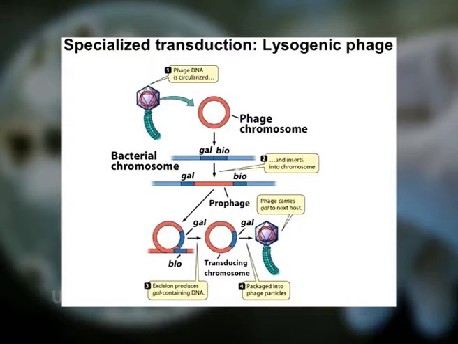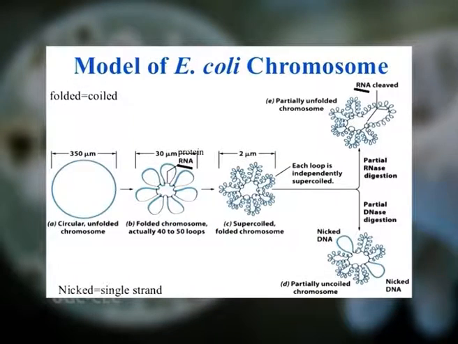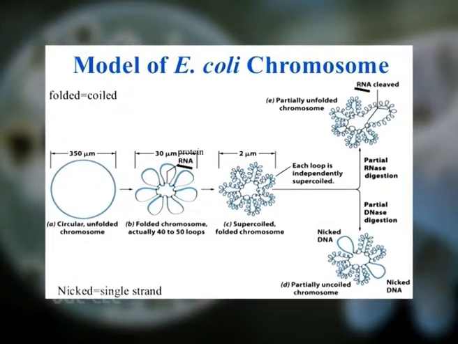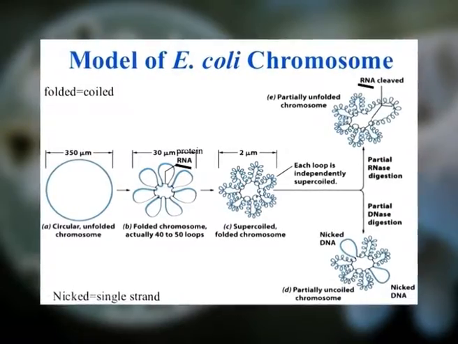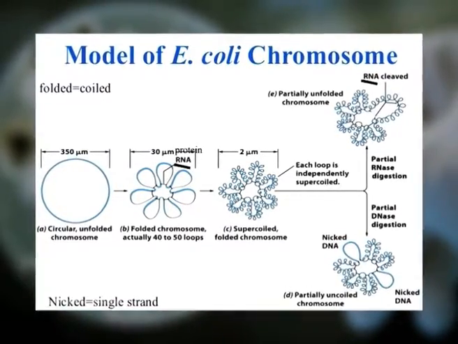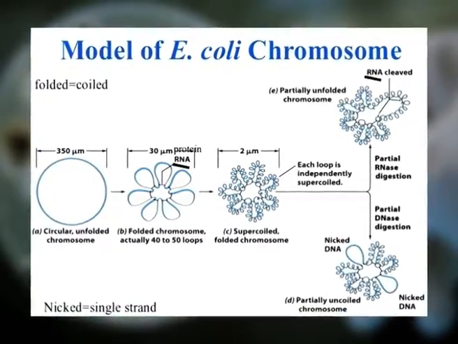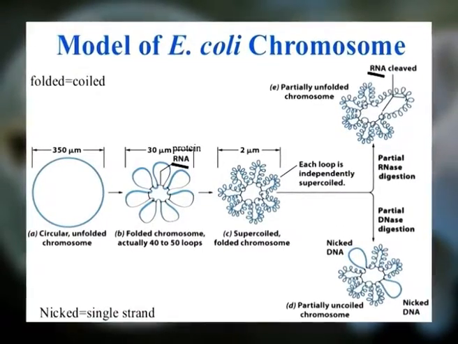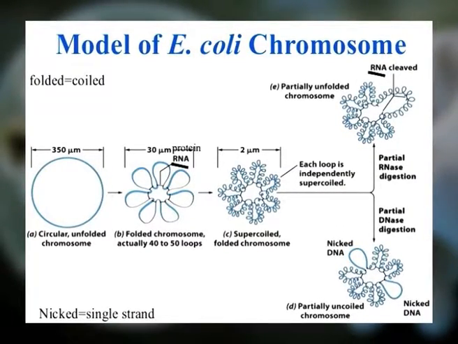Specialized transduction is the process by which a restricted set of bacterial genes is transferred to another bacterium. This type of transduction occurs when the prophage excises imprecisely from the chromosome so that the bacterial genes lying adjacent to the prophage are included in the excised DNA.